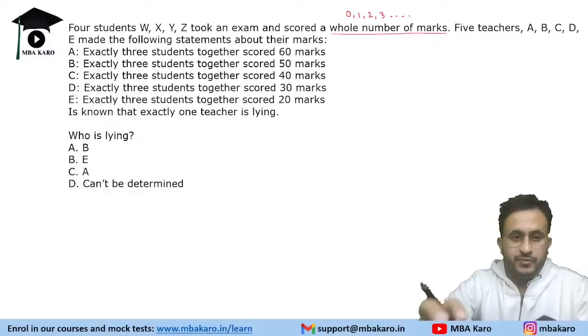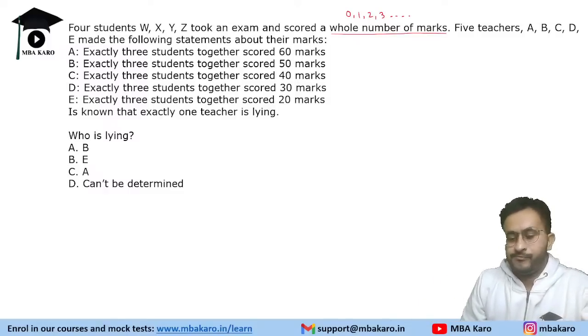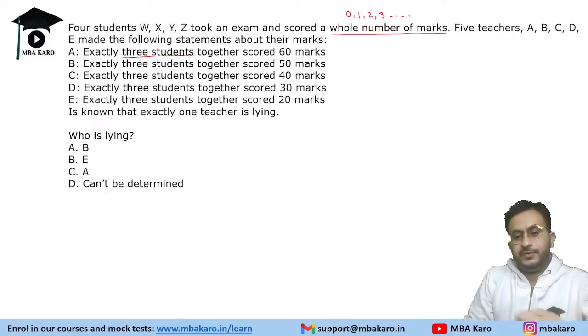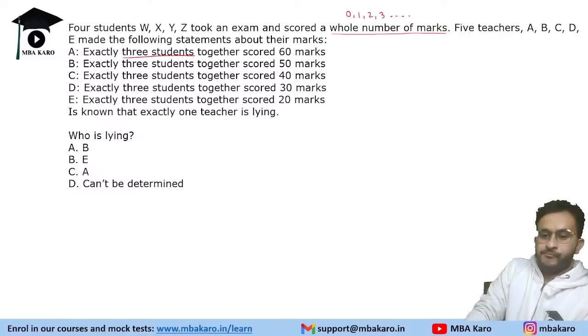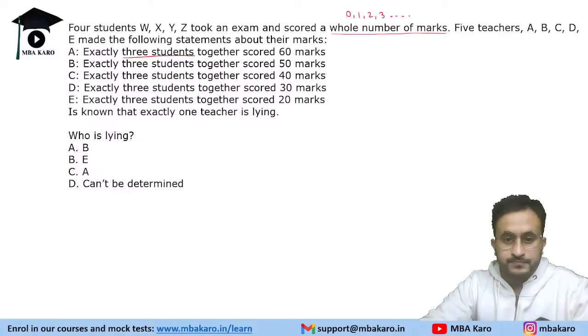If you are able to answer who is lying, also comment what will be the total marks of these four people, because they are talking about the total of three people. No, not just lots of hit and trial.